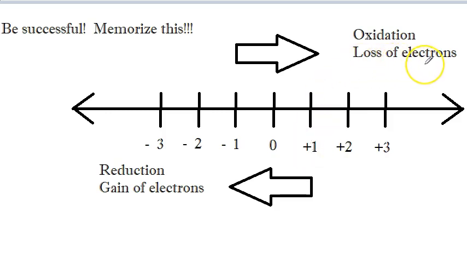And remember, electrons are negatively charged, so becoming more positive, we call that oxidation. Your loss of electrons is going to be on the right-hand side of an equation, so you're going to see it as a product.